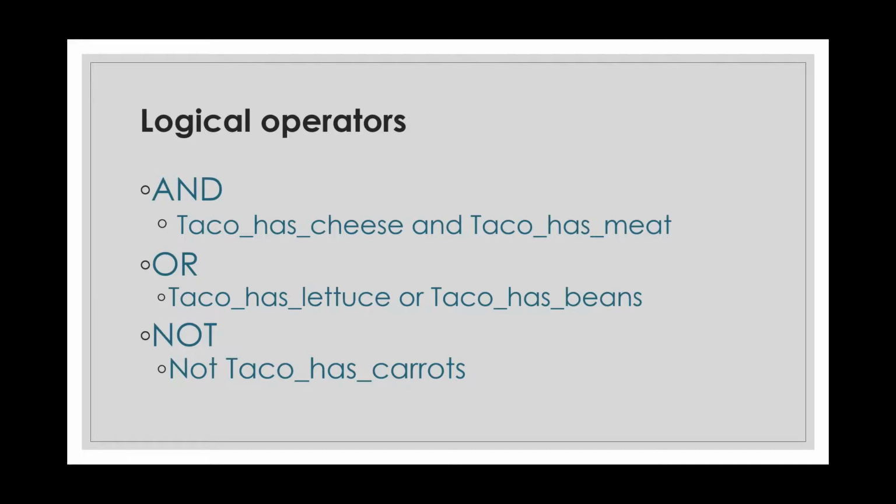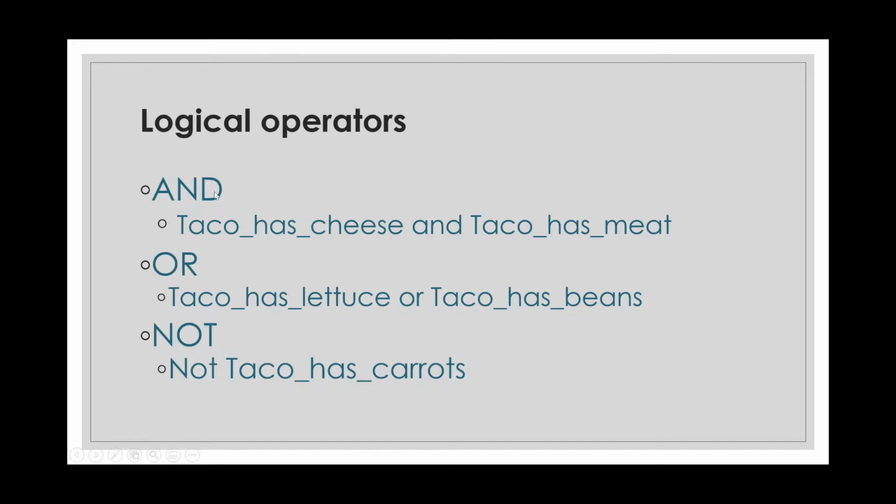If it has lettuce or beans, it's gonna be yes. And then not taco has carrots. When you use that, it basically says if taco has carrots, say false, and if taco does not have carrots, then say true. Does taco not have carrots? That's what it's asking. Now I don't think not would be such a common thing to use, but it's usable.